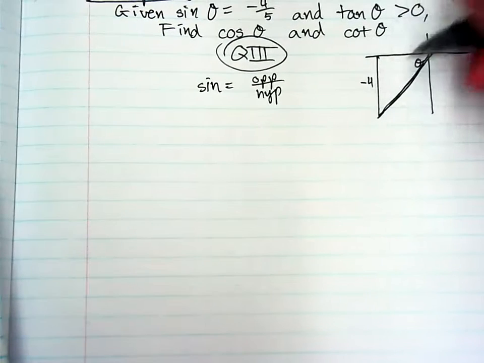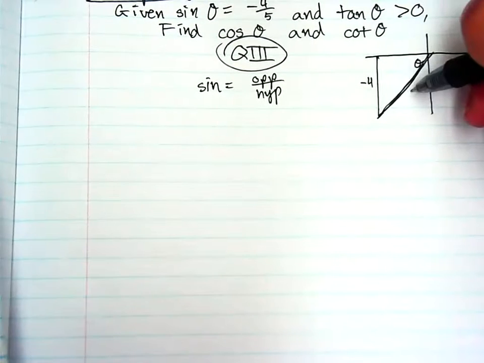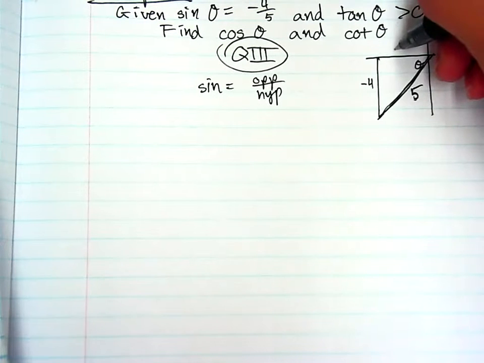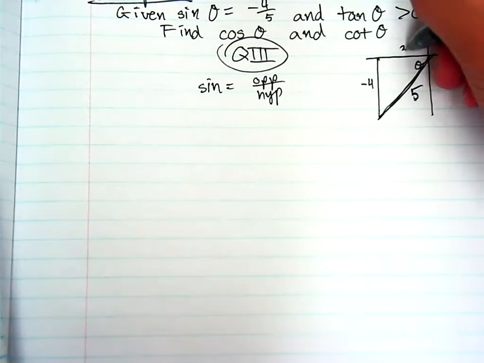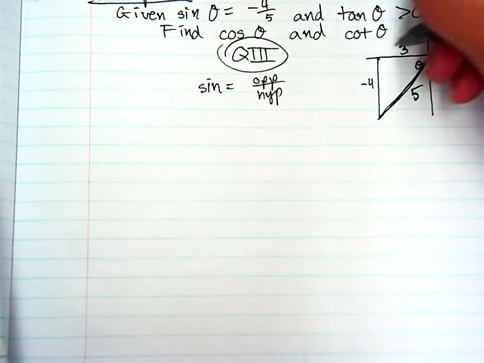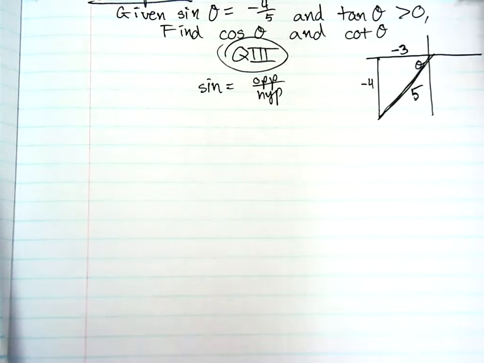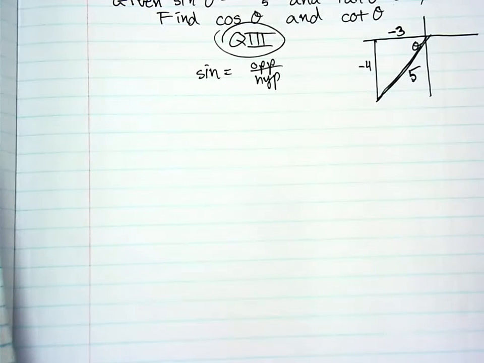So negative 4 would be our opposite value, and 5 would be our hypotenuse. Over in here, if you remember your special right triangles, you'll know that this is going to be 3. And because it's on the left side, it is a negative 3. Okay? So with all of that information, we can calculate cosine theta really quickly.